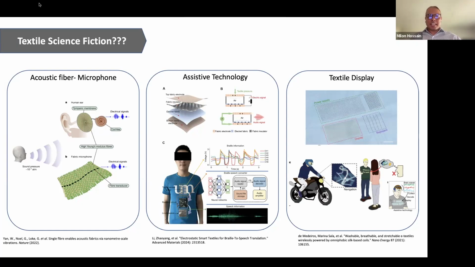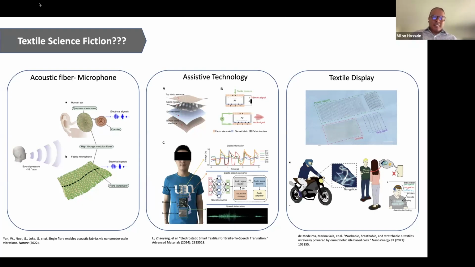A few examples: an acoustic fiber microphone was developed at MIT in 2022. It basically converts mechanical vibration, which comes from sound, into an electrical signal. That helps in aiding communication, especially for people with hearing problems.